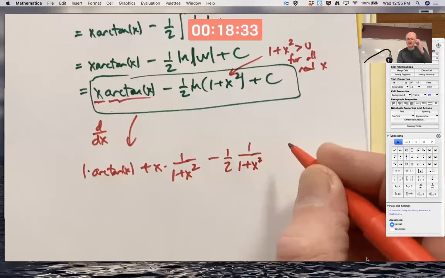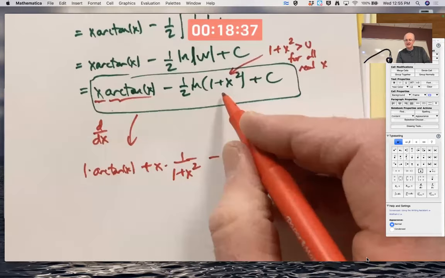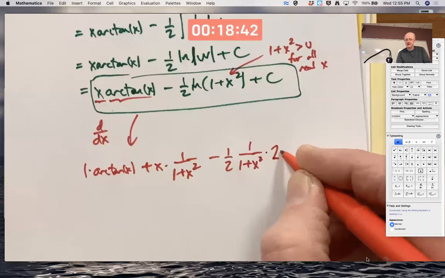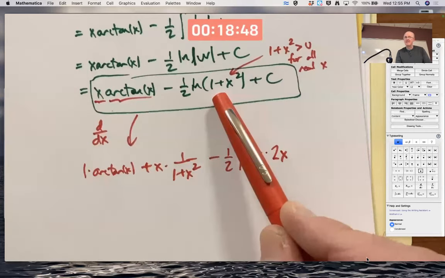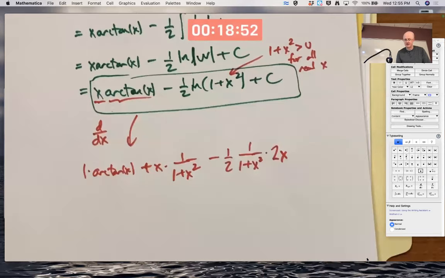The derivative of natural log of something is 1 over the something, but then the something is not just an x, it's a 1 plus x squared, so I need to multiply times the derivative of that something. Derivative of the inside function of this composition. 1 plus x squared is the inside function, natural log is the outside function.